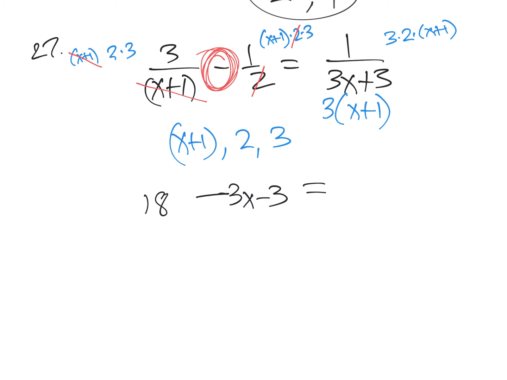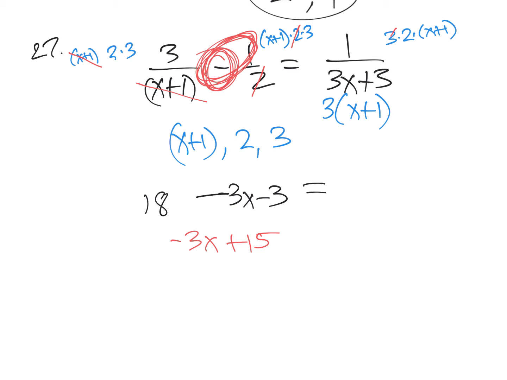After you distribute the negative? Yeah, after you combine the 18 and the minus 3, this is going to be a negative 3x plus 15. You have to distribute the minus 1 because it's minusing that whole group. You were right, it was 3x plus 3 on top, but you gotta distribute that minus sign through.